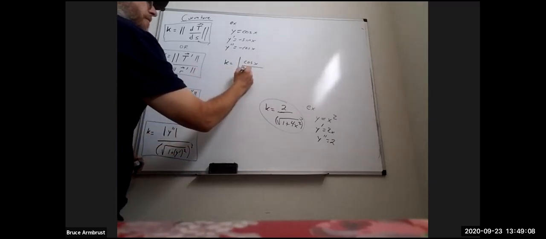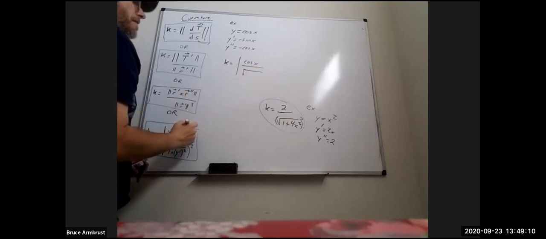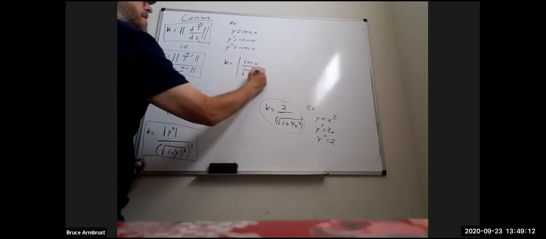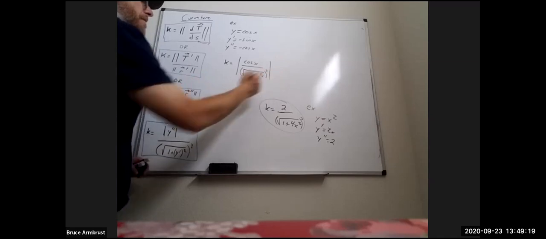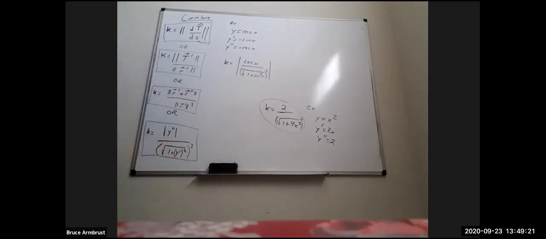Divided by the square root of 1 plus sine squared x, cubed. So there's your formula for curvature, regardless of where you are.